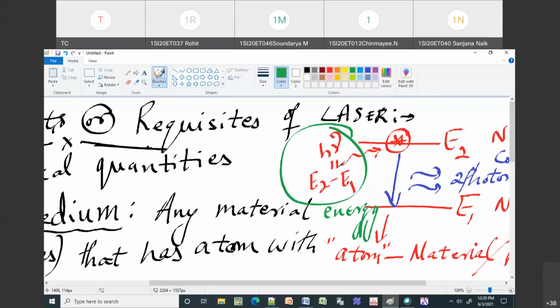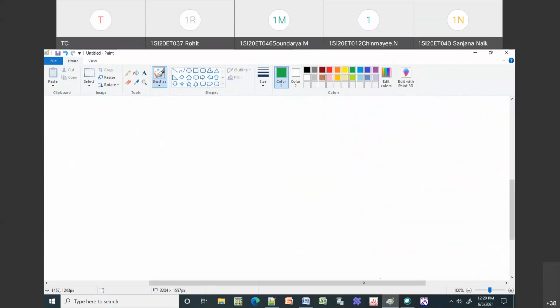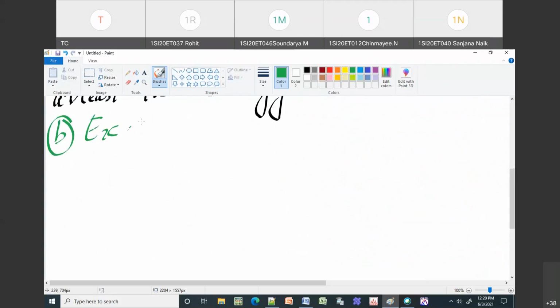This can be of different types, we will see that later. So you need an external energy. This is your second requirement. I will call it B. B is excitation or energy source.